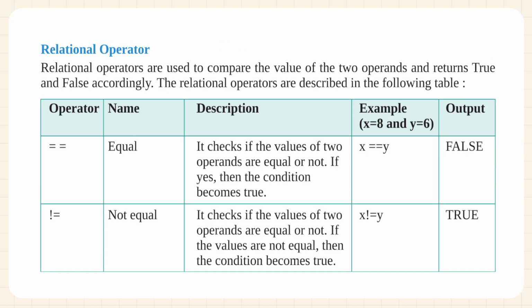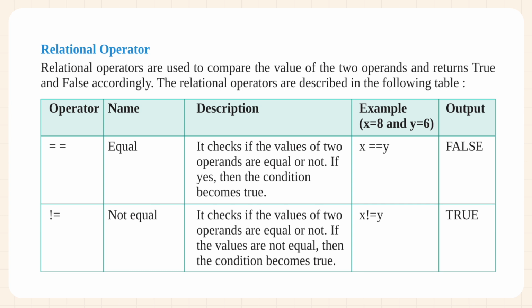Relational operators. Relational operators are used to compare the value of the two operands and return true or false accordingly. The relational operators are described in the following table. Operator, name, description, example: x = 8 and y = 6. Output: double equals, equal.